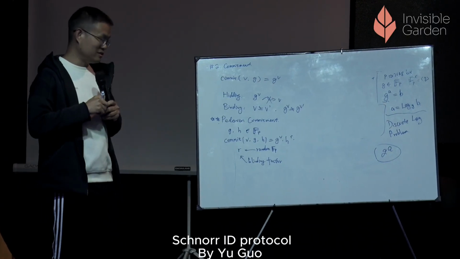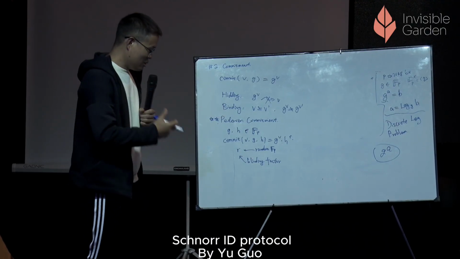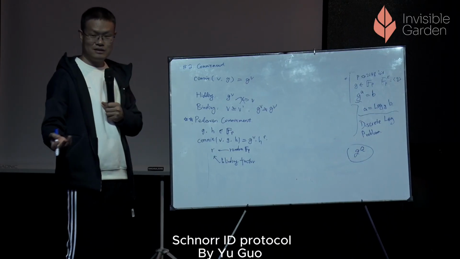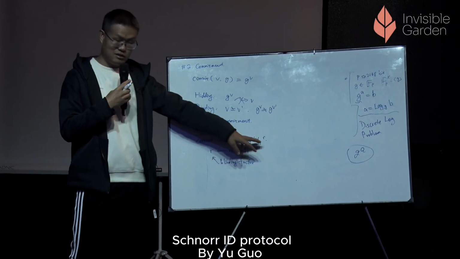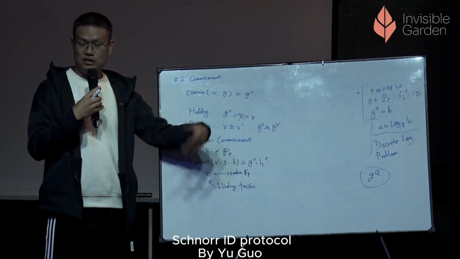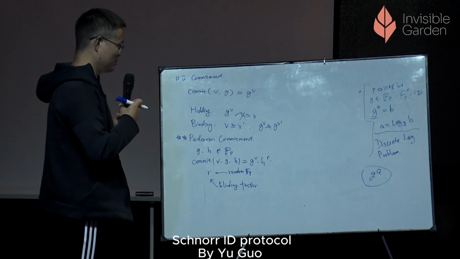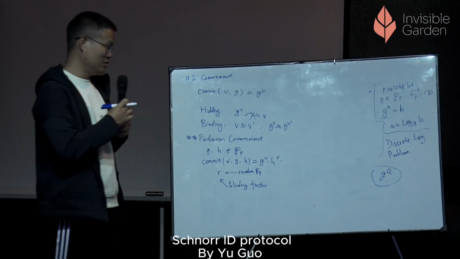But here I think the first difference between the two commit schemes is that when we commit V the second time, the prover or committer can choose a different random number to generate a different commitment. The simple commitment scheme is a one-to-one map, right?